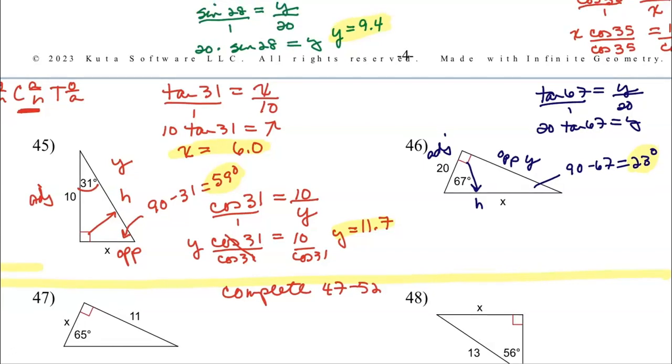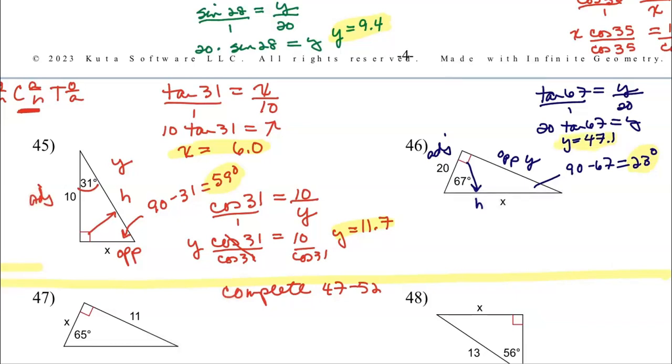And I am getting y equals 47.1. That's a value that I was missing. So I'm going to highlight that in yellow for us.